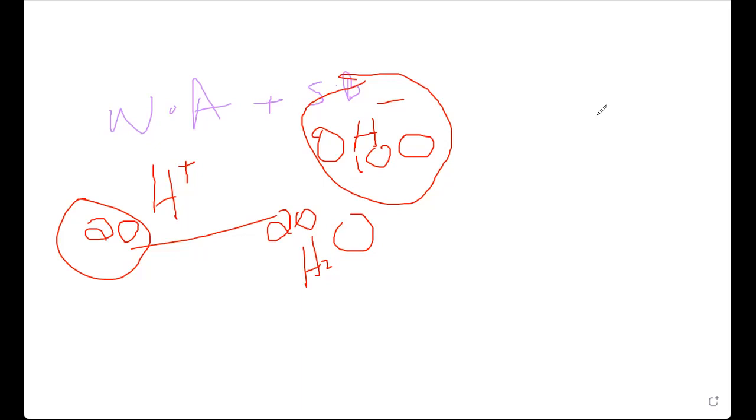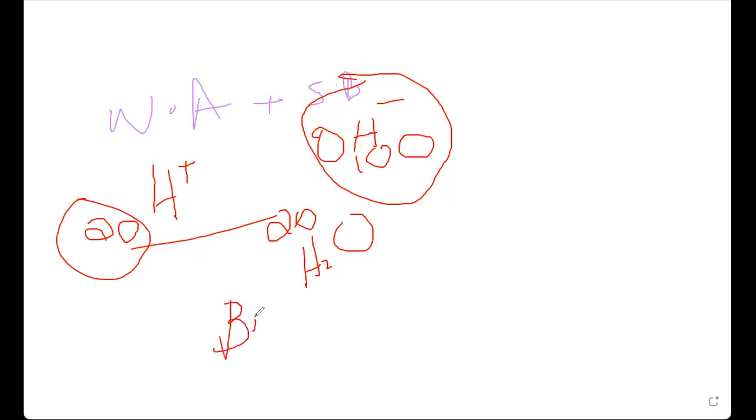Few OH negative ions have reacted with few H positive ions because you have used weak acid that is giving you few H positive ions. So your final solution has many OH negative ions, which are the ions of the base. It means the final solution will be basic here. In this case, the final solution will be basic.